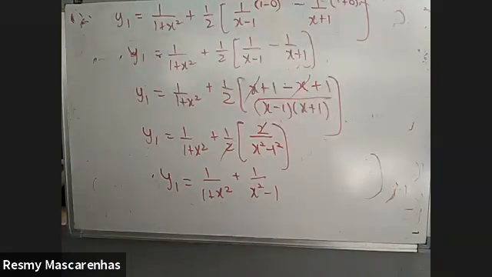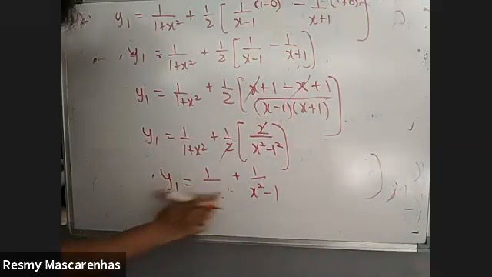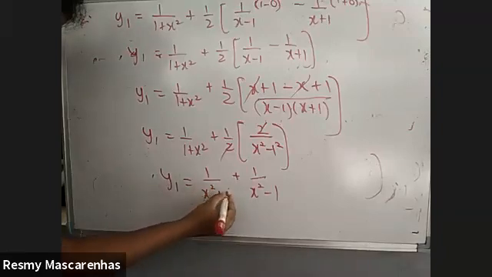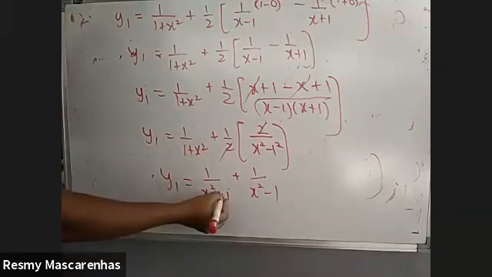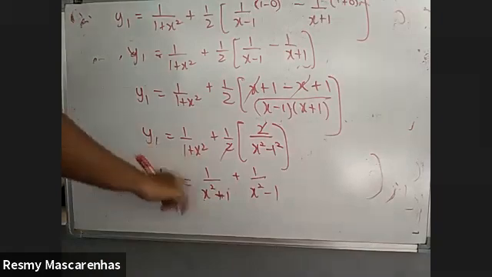You can write like this also, both terms in the same form. Instead of 1 plus x square, I'll write it as x square plus 1.